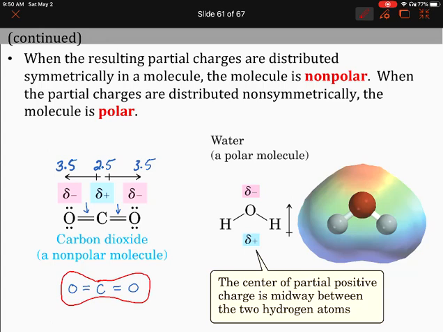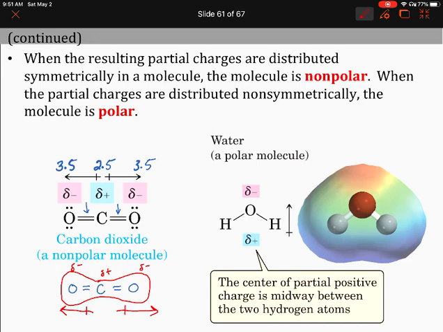So each oxygen has a partial negative charge, and carbon has a partial positive charge. But again, oxygen is pulling electrons towards the left, and the other oxygen is pulling electrons towards the right. So it's kind of a tug of war. And since both sides are equally strong, we have an overall non-polar molecule. So neither side wins, neither side is more polar than the other. So they kind of cancel each other out.